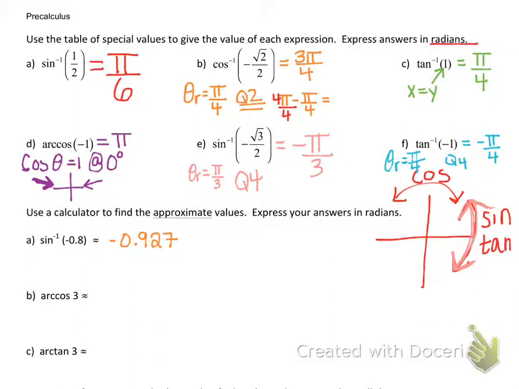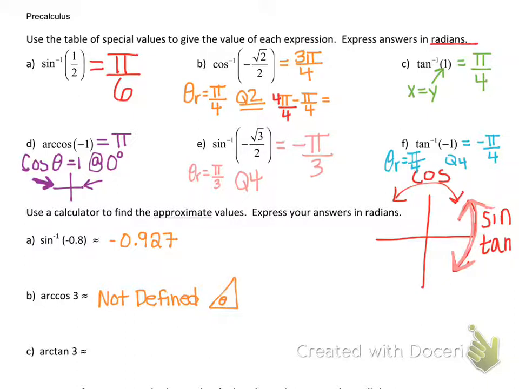Now the arc cosine of 3 is actually going to give you an error. It's not defined, meaning you can't do that. Well, why is that? If we consider the triangle, using theta, then cosine is adjacent over hypotenuse.